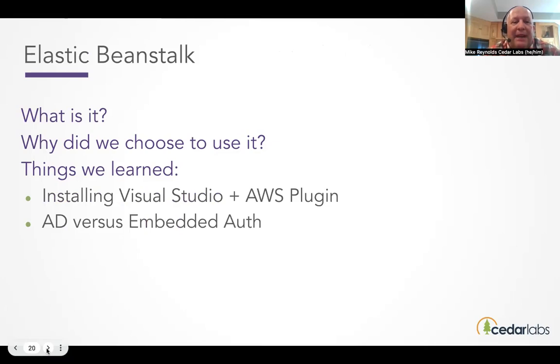So Elastic Beanstalk, that is the application bundle provider that AWS provides. A lot of times you have web applications or non-web applications, in the case of the background app, that all require very similar pieces. It requires a load balancer, requires network security.